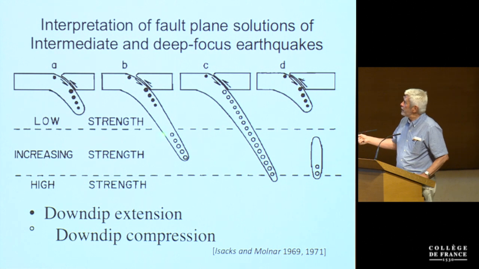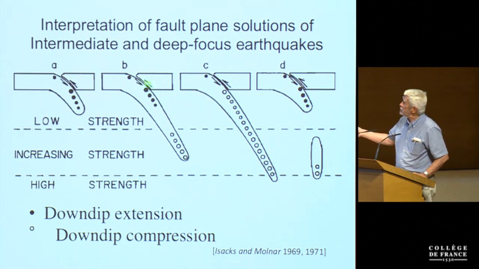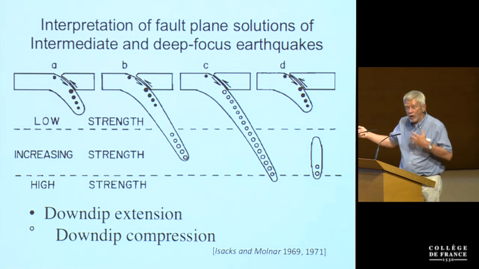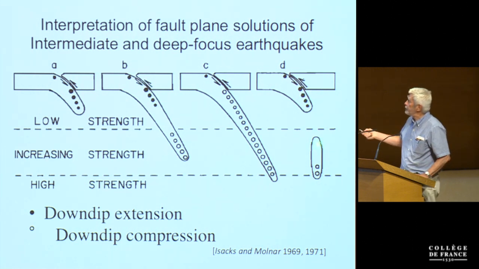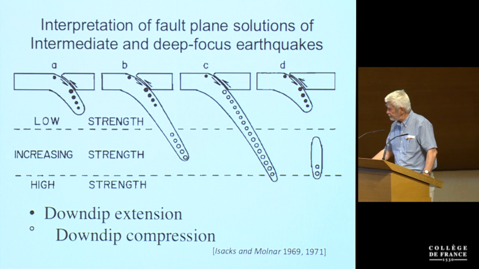We imagine that what happens is the bottom part is hitting resistance and hence is under down dip compression, but the upper part is still experiencing the gravitational pull of the dense material and it's being stretched. And then there's an alternative where there's a gap where the slab is broken off and a piece has fallen into the deeper part of the asthenosphere.